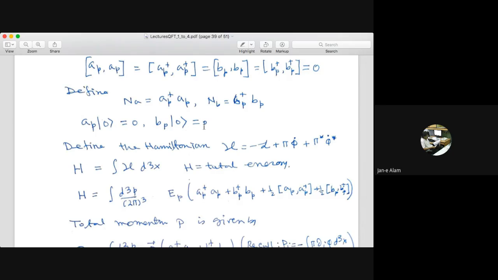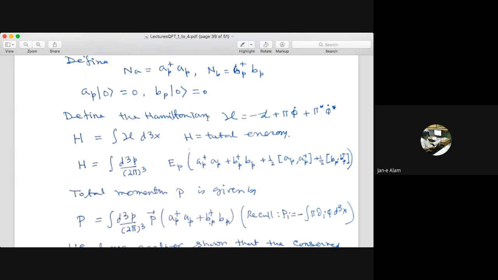Right? Now from there, again for this complex system, I can calculate the Hamiltonian, which is minus L plus pi phi dot for the real field, and then plus pi for the field phi, and then plus pi star phi dot star for the complex field.